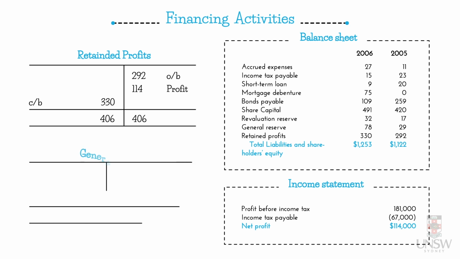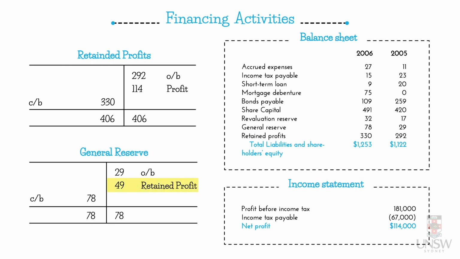So let's reconstruct the T account of general reserve. So we put 29 as the opening balance, 78 as the closing balance. So the missing amount on the credit side will be 49, and it's a transfer in from retained profits. So we can put this into our retained profits account on the debit side, because it decreases retained profits.